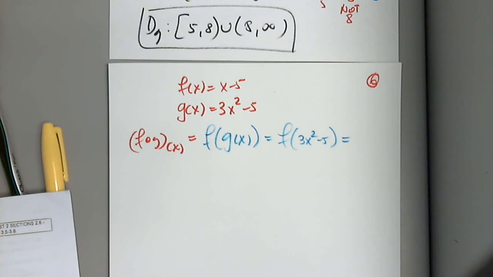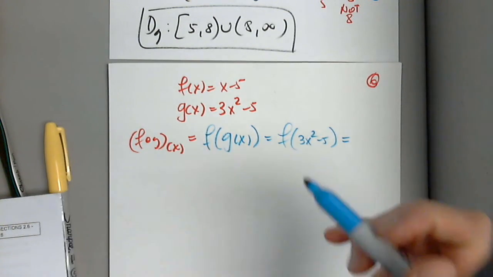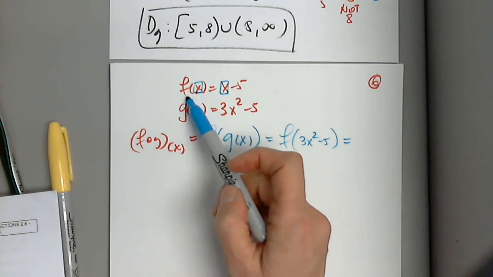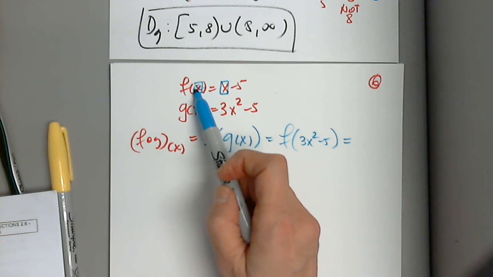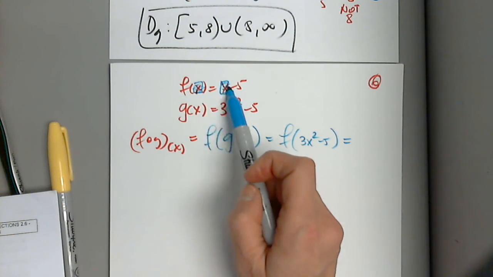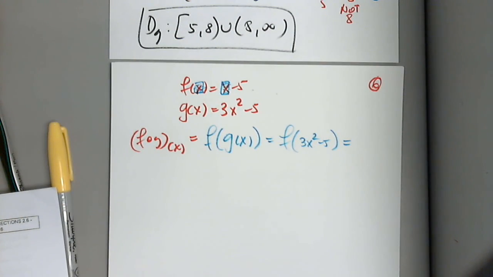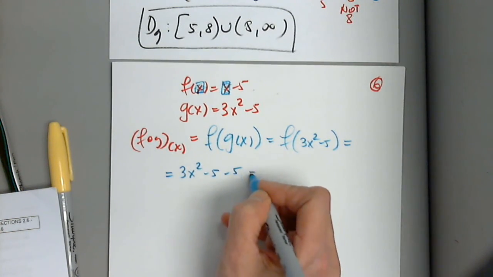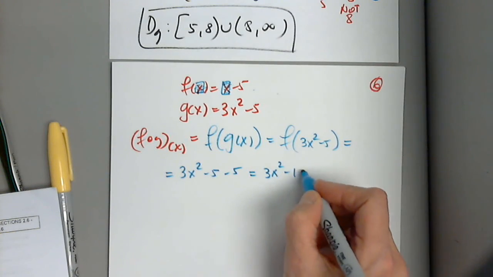So f of g of x is the same as f of 3x squared minus 5. Now I have to look at f, and remember this is what f says: whatever you put in, it's the same thing, minus 5. So indeed we will have to write 3x squared minus 5, minus 5, very good. So this is 3x squared minus 10.